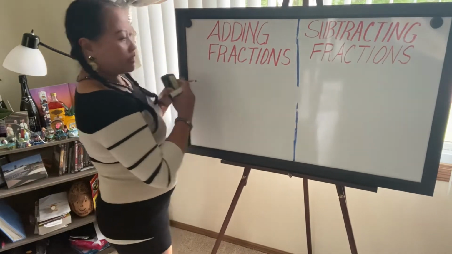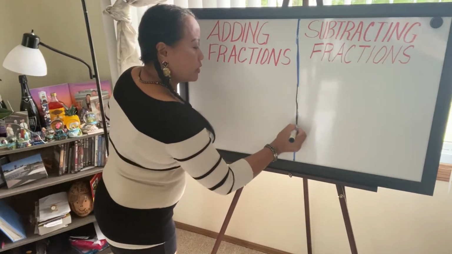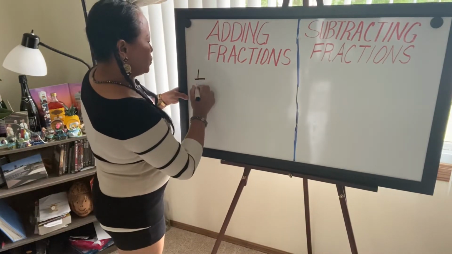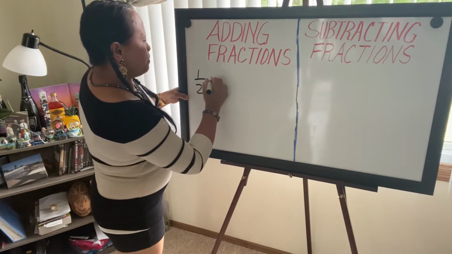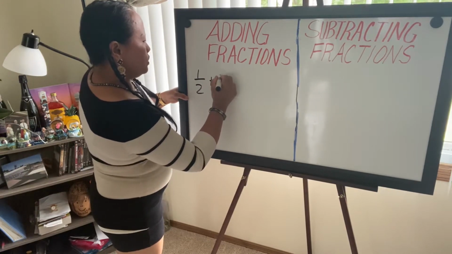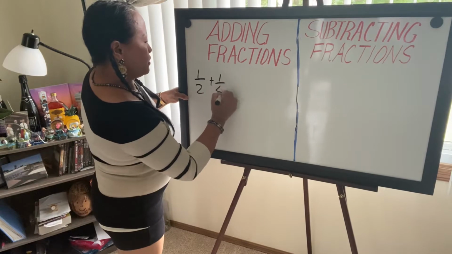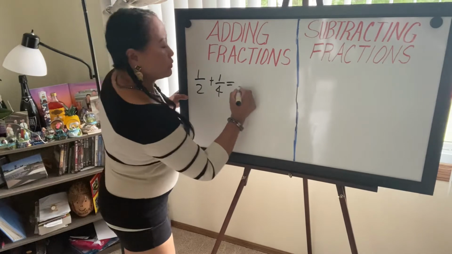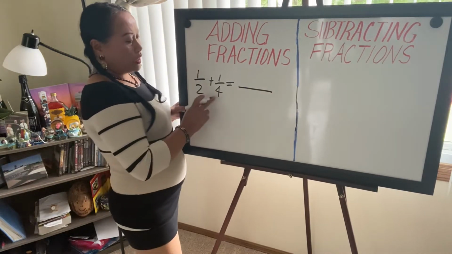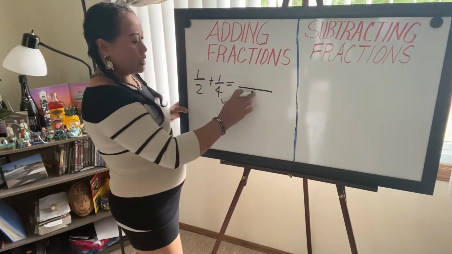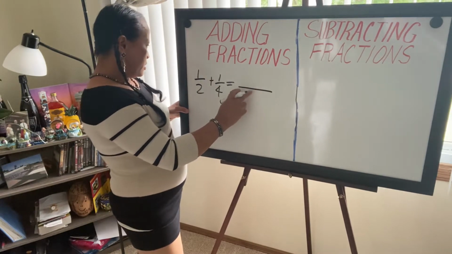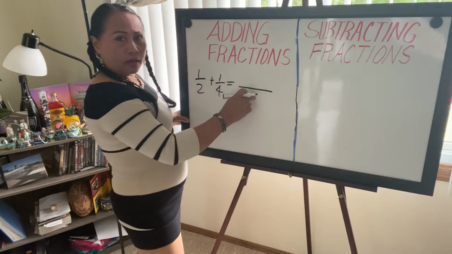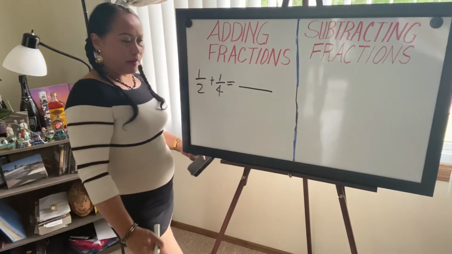That is one way to solve, and I will show you also the other way. 1/2 plus 1/4. That's what we did earlier. Now, you can also think of a number that can be divided by both denominators.